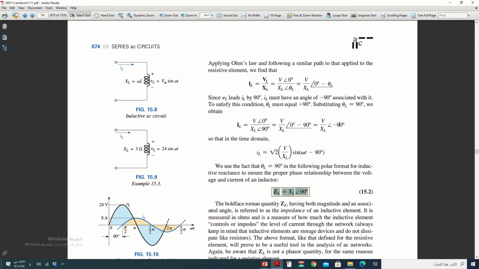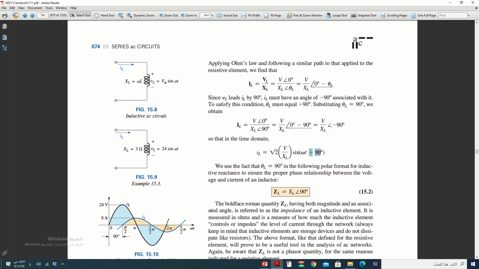It will be minus 90. The final answer with minus 90, we will write VRMS over XL multiplied by root 2. It gives you V peak and sine omega t minus 90 since the final answer here is minus 90.